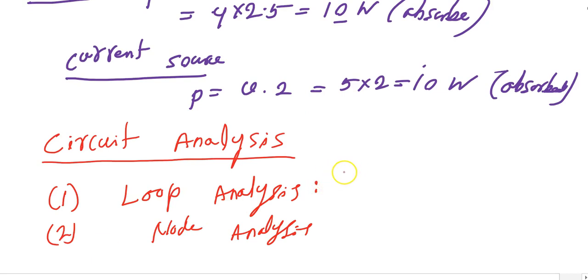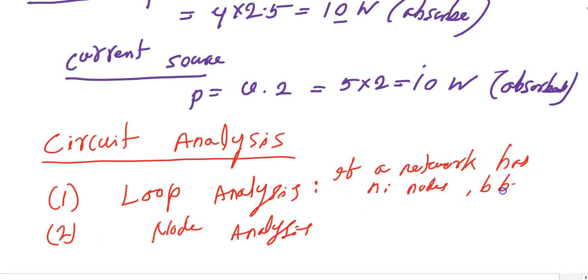Loop analysis: if a network has n nodes and b number of branches, then the number of independent equations to be solved is b minus n plus 1. Application of KVL.